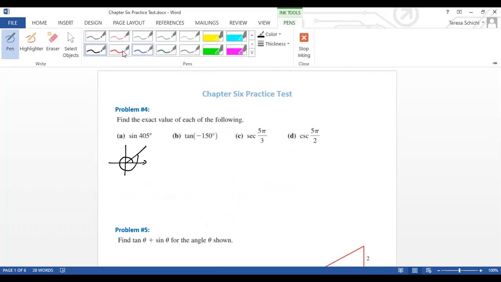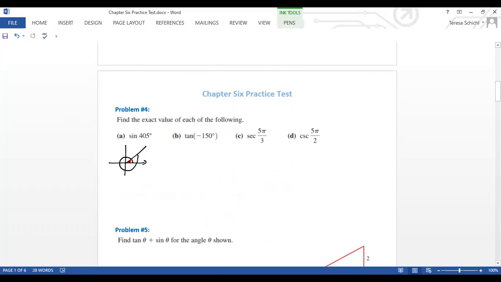So this angle here, we call it the reference angle, is what? This red one is 45, correct? And the black angle here is 405, right? So I know that sine 405 is equal to sine 45 degrees, because it's equal to the reference angle.